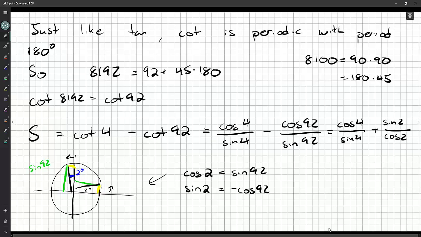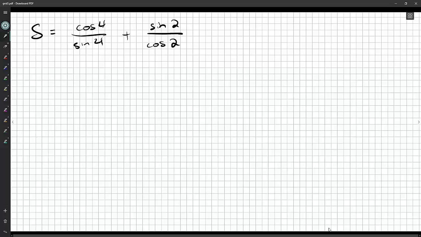And then what do we got here? We've got cos 4 over sine 4. Well, it's the same sort of thing. We want plus sign, common denominator, right? I copied that right? Yeah, cos 2. So get a common denominator.